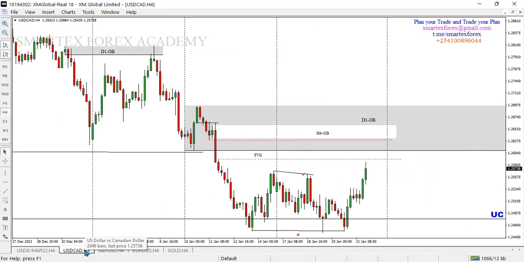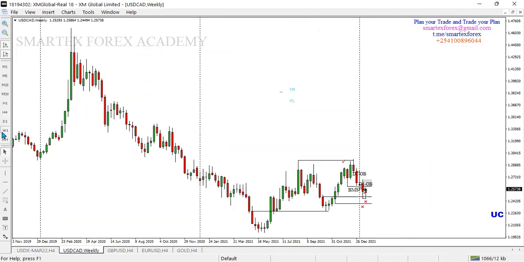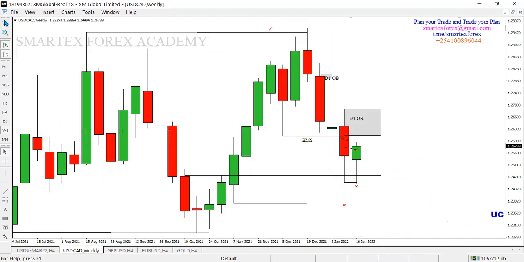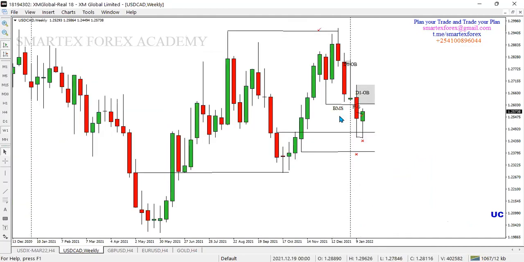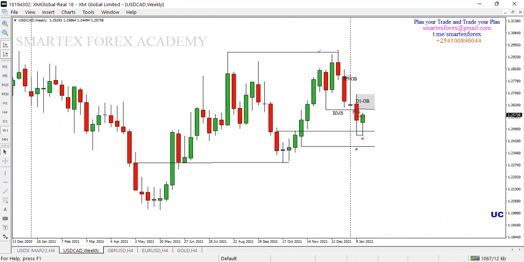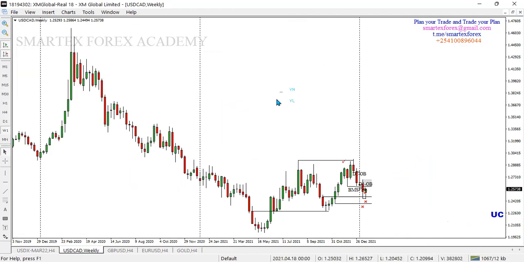Let's see USD CAD. On USD CAD, if you look at the weekly time frame, I have different minds on this. First, the price worked on this.